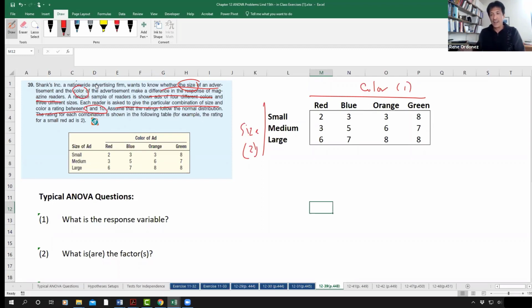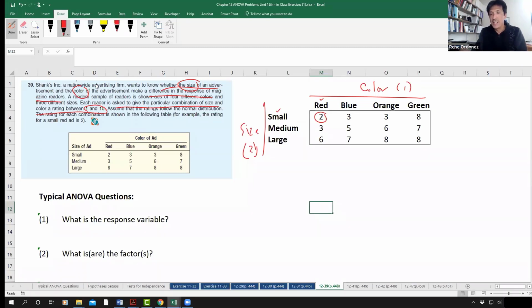So they're given a combination of a size and a color, and then the reader is asked to rate from 1 to 10. For the combination small red, the reader gave a rating of 2.